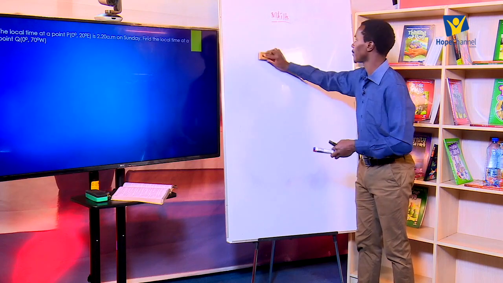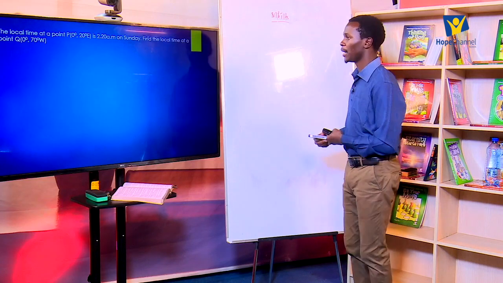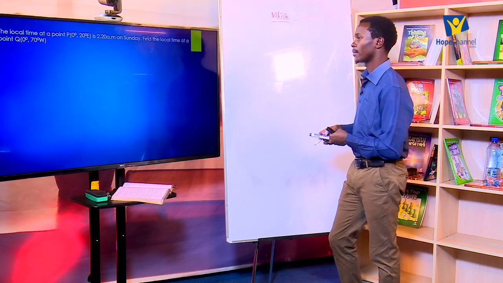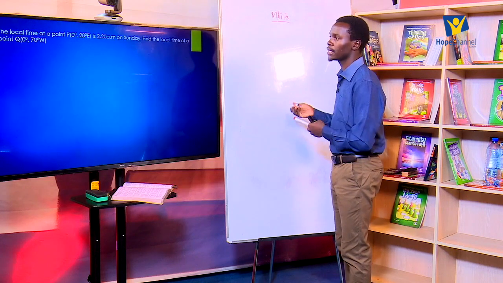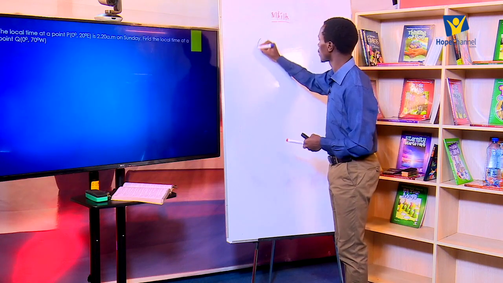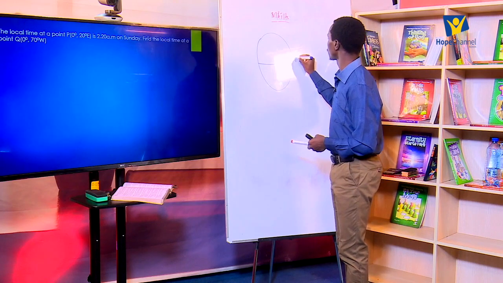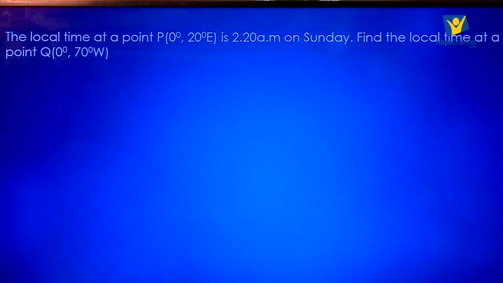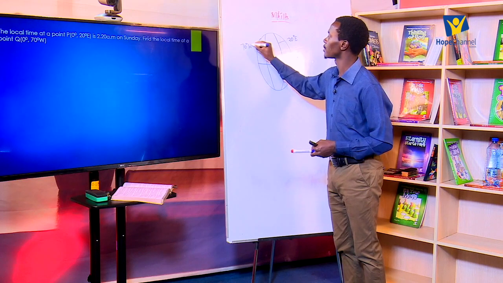Important to note, places that are west of the prime meridian lag behind places that are east of the prime meridian. So for example, we have this point here. This is the equator, of course. And then we have one point, this is 20 degrees east. And this one here is 70 degrees west.